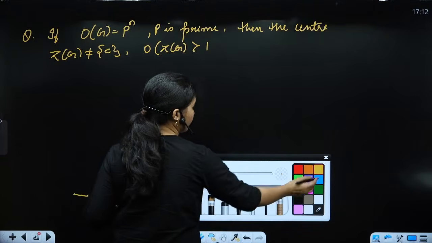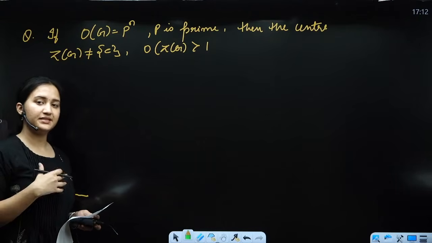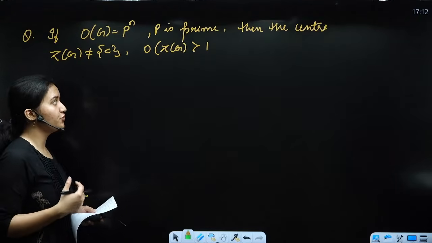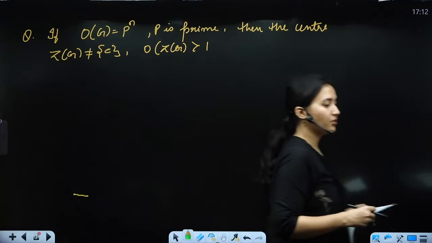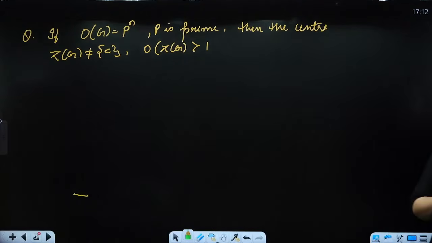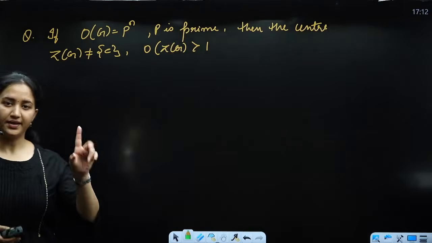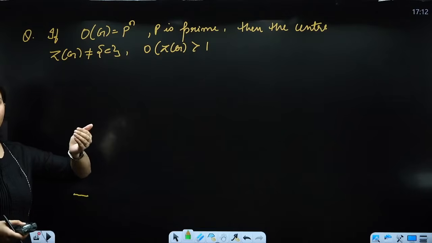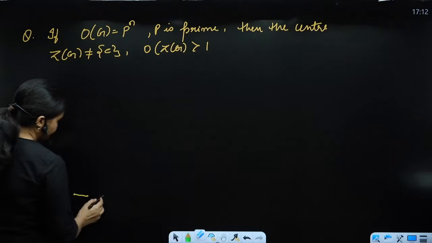If we have a group of order p raised to the power n, okay, where p is a prime number, then you are supposed to prove that ZG is not going to be of order 1. That means it is not going to contain one element, it is going to contain more than one element, right? Now see, solve कैसे करेंगे इसे?